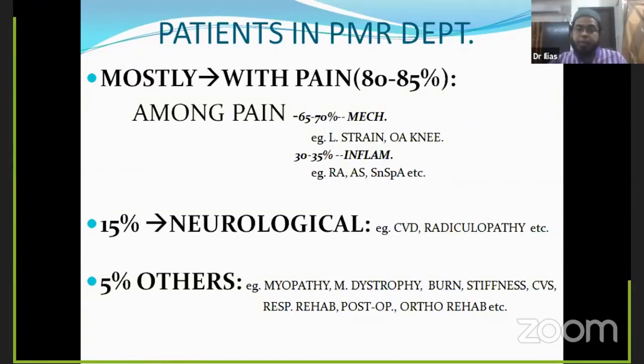That time the patient must undergo some rehabilitation procedure to have total fitness from the cardiovascular disease. Other patients come with respiratory complaints, and they must undergo rehabilitation procedures. Otherwise, the patient might not have total fitness from the respiratory problems. So these are the patients who come with other causes. And sometimes a few patients come with orthopedic conditions for rehabilitation purposes. So all these conditions come to our department.